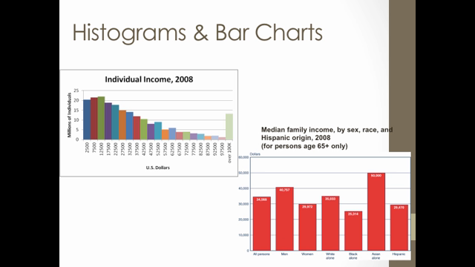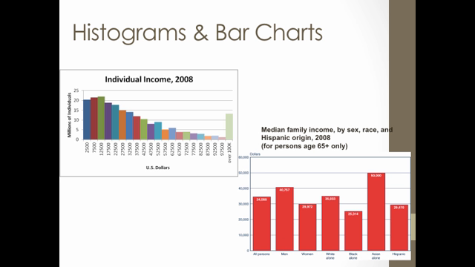Even more common are histograms and bar charts, right? The difference between a histogram and a bar chart is just that histograms, one of which is on the left side, use ordinal data, and bar charts, which is on the right side, use nominal data, right? So you just put the frequency of your variable on the Y scale, and then your data are on the X scale. Again, I used a histogram of individual income data.